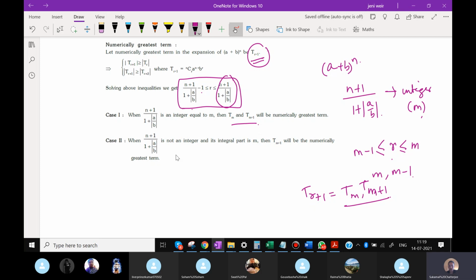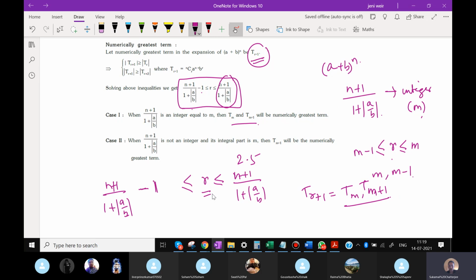And if this is not an integer, then obviously r will lie between (n plus 1) by (1 plus mod of a by b) minus 1 and (n plus 1) by (1 plus mod of a by b). Suppose this is 2.5.